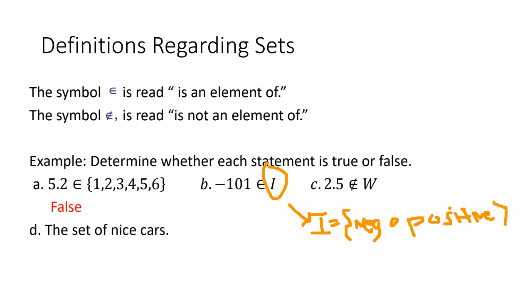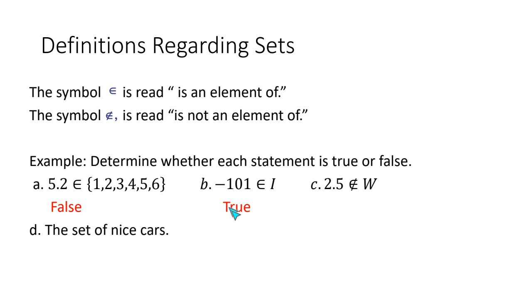All right, the next example is 2.5 is not an element of W. We need to know what W is. W represents our whole numbers, and whole numbers begin at 0, and then go to 1, 2, and so on. The question you want to ask yourself is: is 2.5 inside of this set?